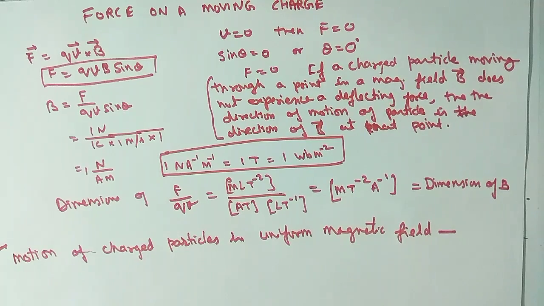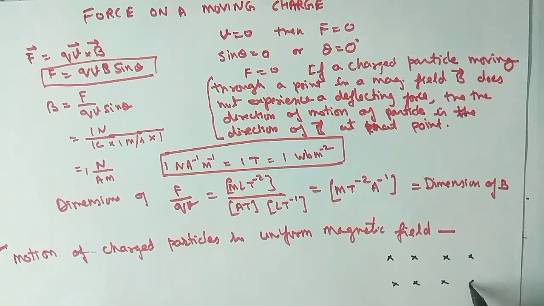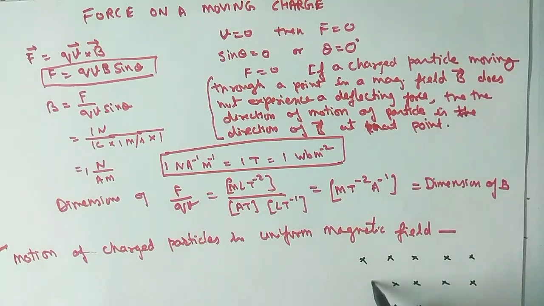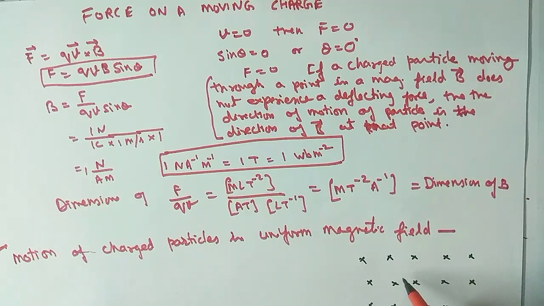Here we assume a charged particle enters a magnetic field which is perpendicularly downwards. I am showing a uniform magnetic field, perpendicularly downwards, and a charged particle enters like this.